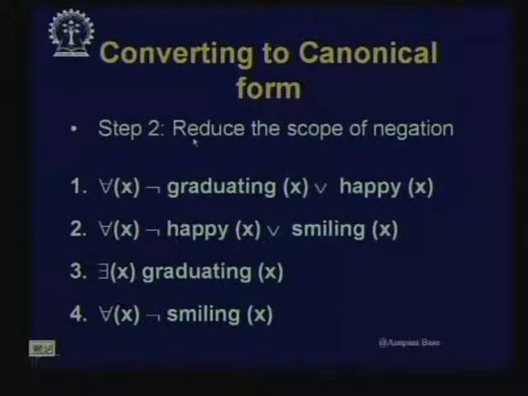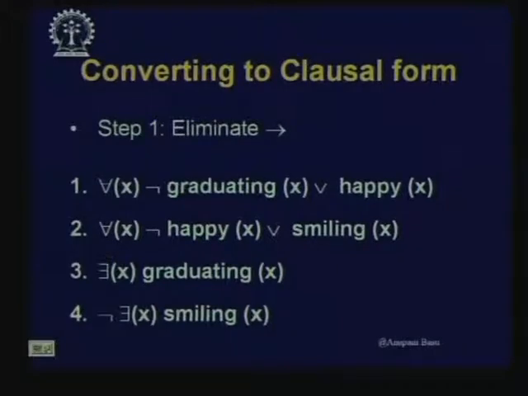the next step to do that is to reduce the scope of negation. All right. So, let us have a quick relook at what we had after doing this elimination. Now, you see, for the first two, the scope of the negation is over this predicate graduating X, all right, and for this the scope of this negation is over this entire thing, even over this quantifier.